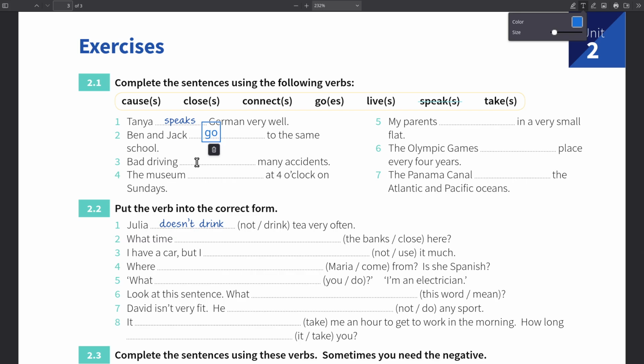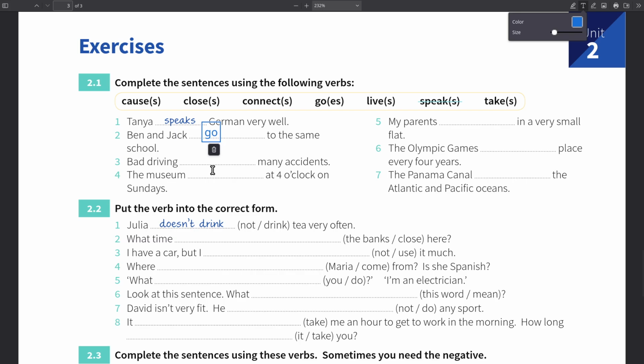Okay. Let's move on to the next example. Bad driving, many accidents. So let's analyze the subject. In that case, bad driving. Bad driving is not a person, it's a thing. It's a noun. So we are talking about a singular, right? But we are also talking about a third person, in this case, a thing.